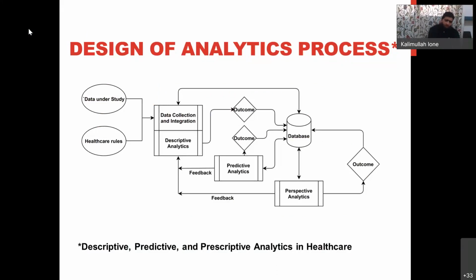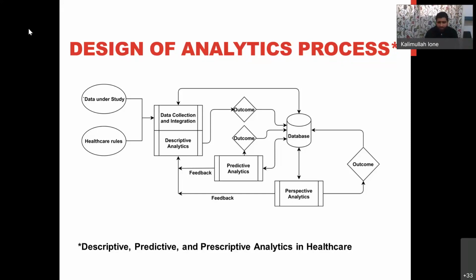Simple. What are the rules of healthcare and the data under study? We are using data collection and integration, and this is the history. Whenever data is stored in the past, we first go for some descriptive analysis, see the outcome, and store the data in the database.